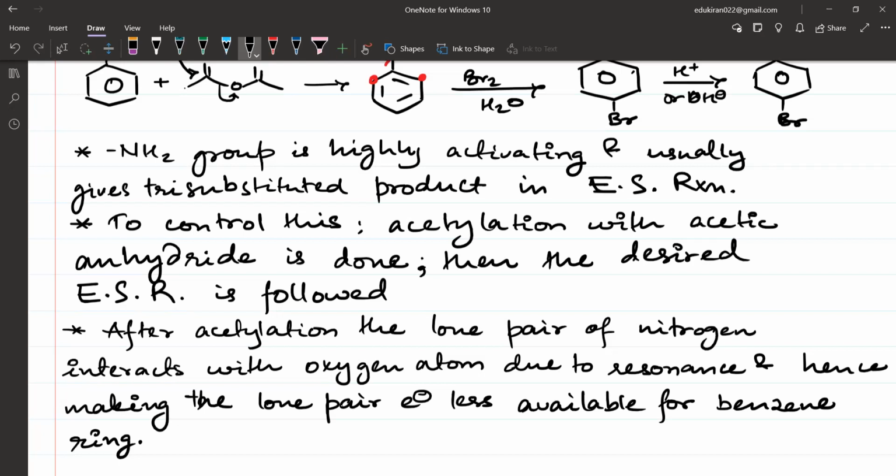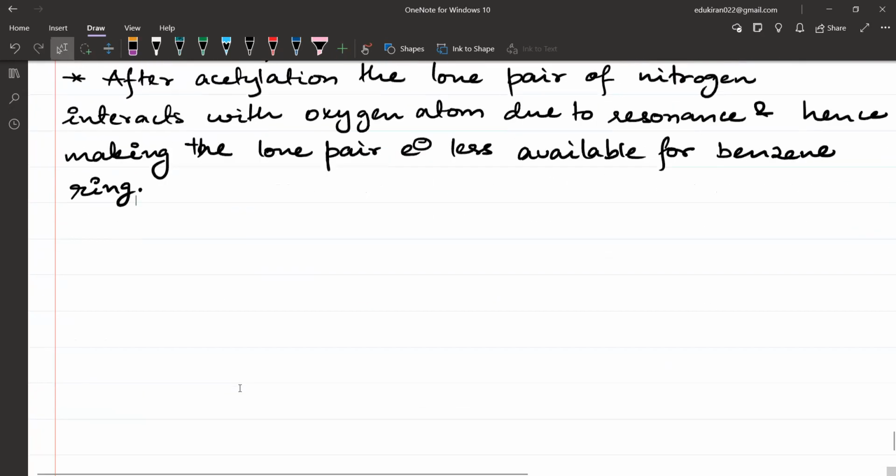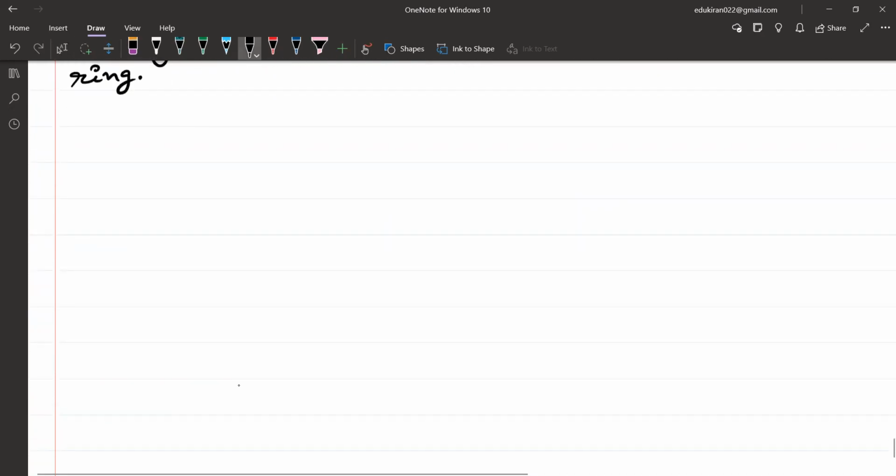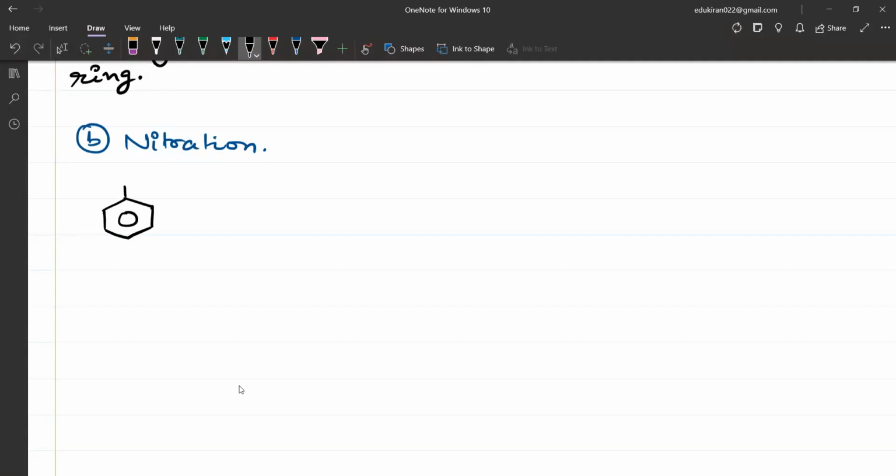Right, next, nitration. Okay, so we know that nitration is done with concentrated HNO3 in the presence of concentrated H2SO4.